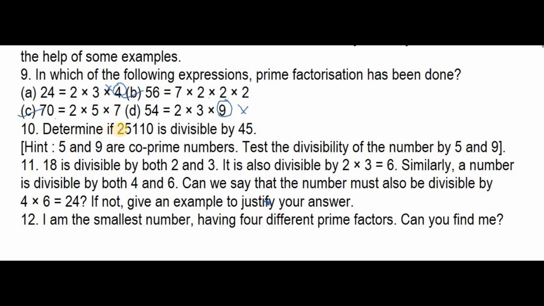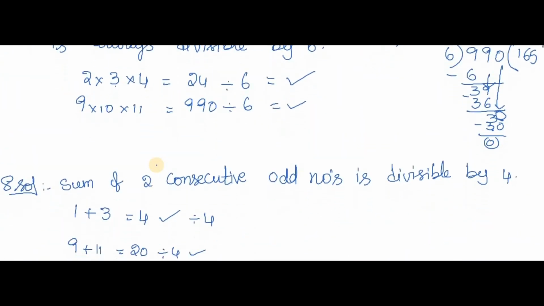Determine 25,110 is divisible by 45. So we have to check that 25,110 is divisible by 45 or not. And this is the 10th solution. 25,110 is divisible by 45.